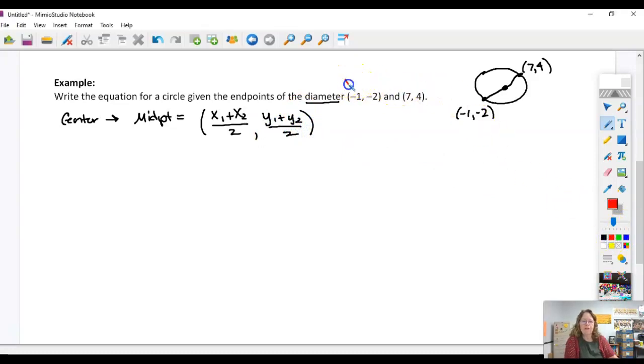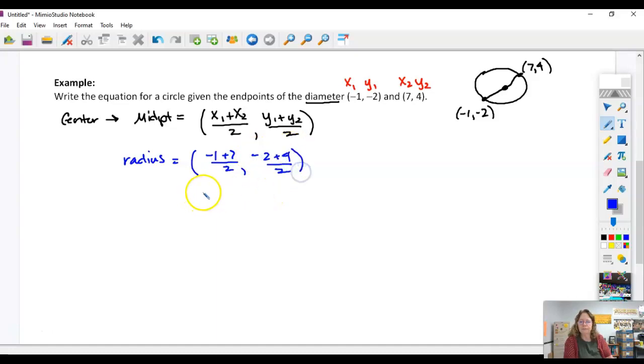Let's call the first point x1 and y1, and the second point x2 and y2. So our midpoint is going to be (-1 plus 7) over 2 and (-2 plus 4) over 2.